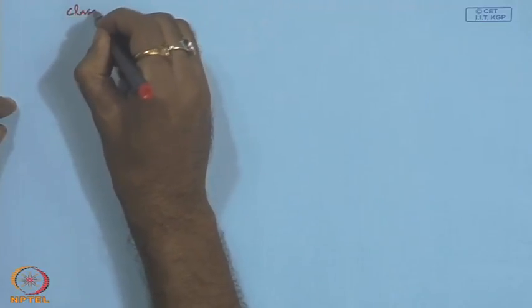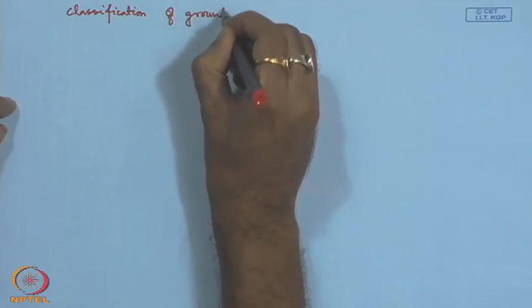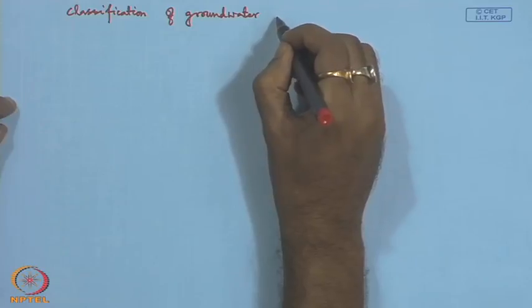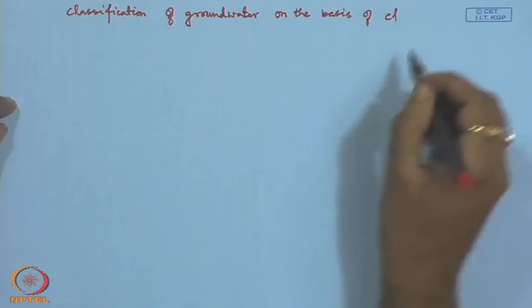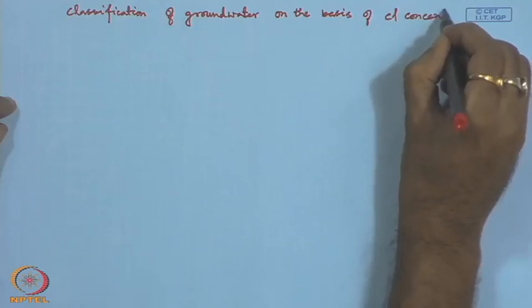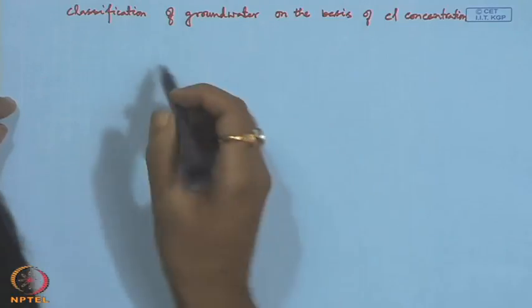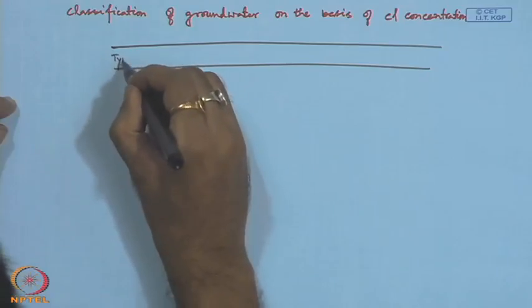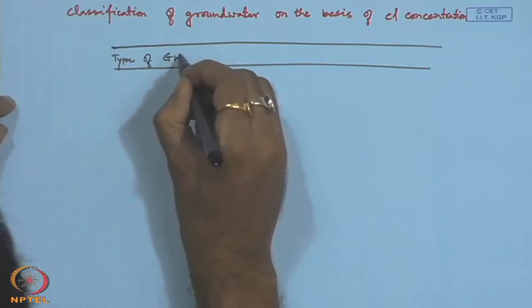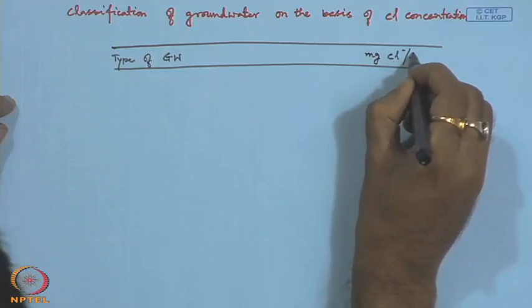we can define the type of groundwater. So, classification of groundwater on the basis of chloride concentration: type of groundwater and milligram chloride per liter.